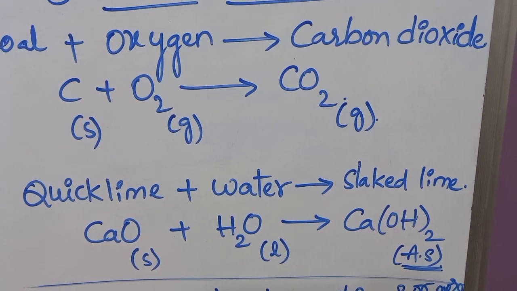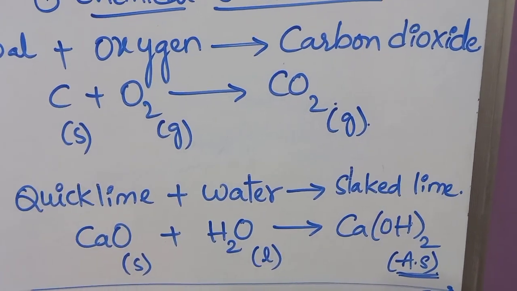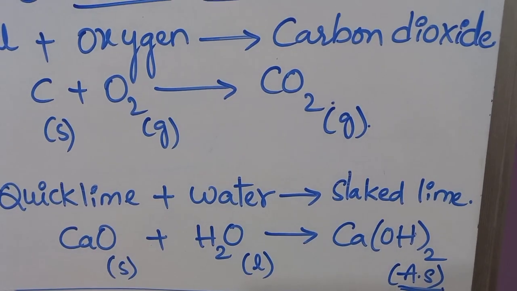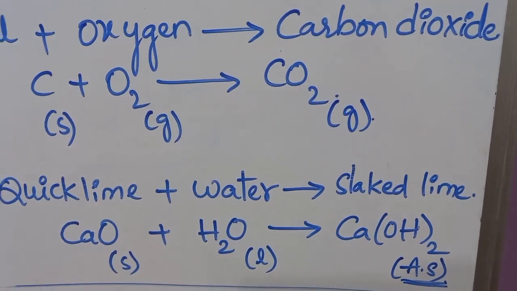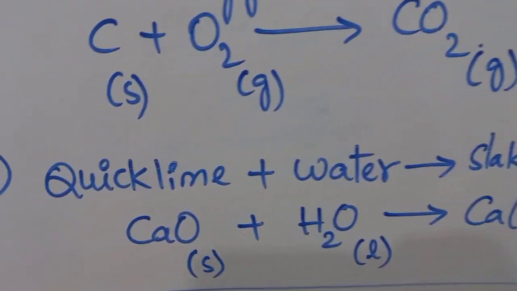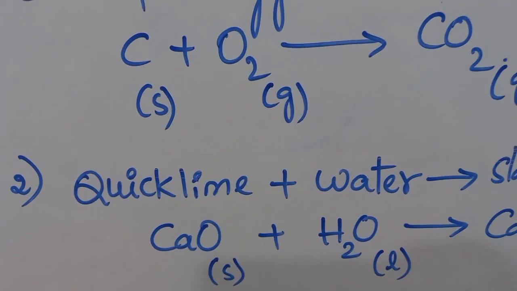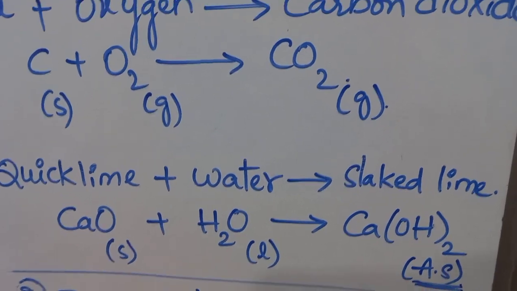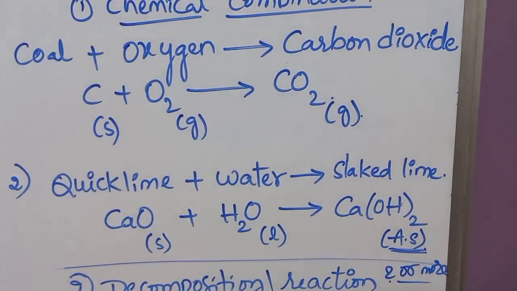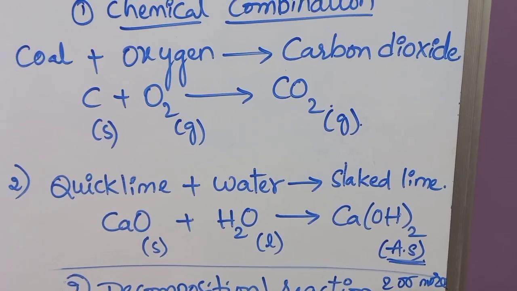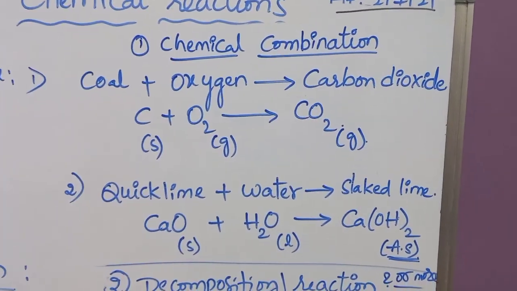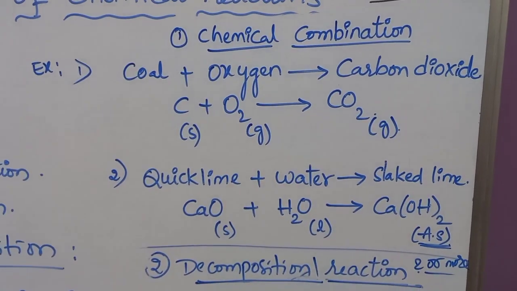CaO plus H2O gives rise to Ca(OH)2. Ca(OH)2, slaked lime, is chemically known as calcium hydroxide. And quicklime, CaO, is called calcium oxide. Calcium oxide plus water gives rise to calcium hydroxide. In this reaction also we have only one product and 2 reactants. So these are the examples for chemical combination.